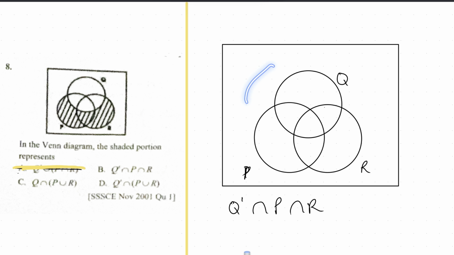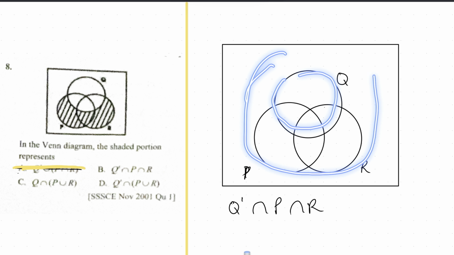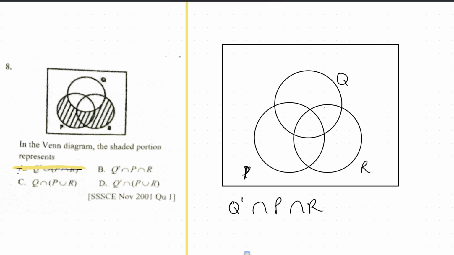So it means everything outside this circle, everything here and here and here and here. Now that means this portion is not part of it. This portion right here cannot fall into it.